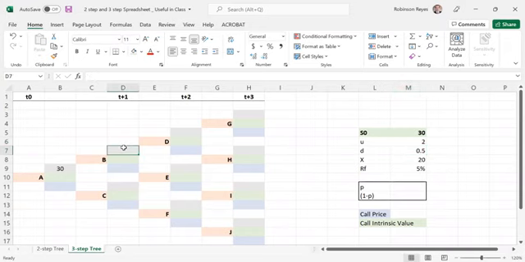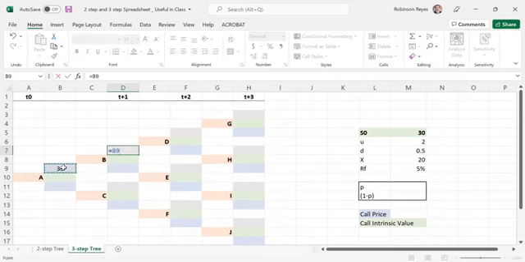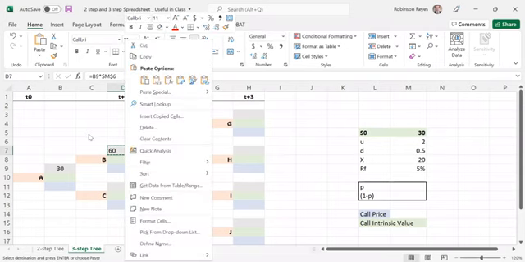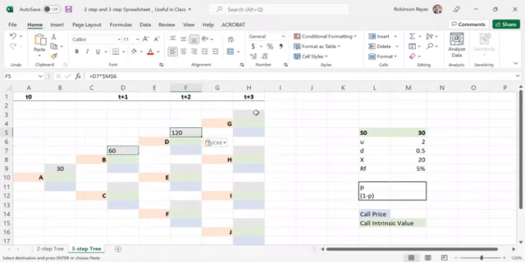Now, one quick trick is that we could just multiply this previous step by this up factor, and then we lock this up factor cell reference, and so we can just copy, Control C, and once you copy, you can just paste it in every node where you have a lower node in the previous period, right?